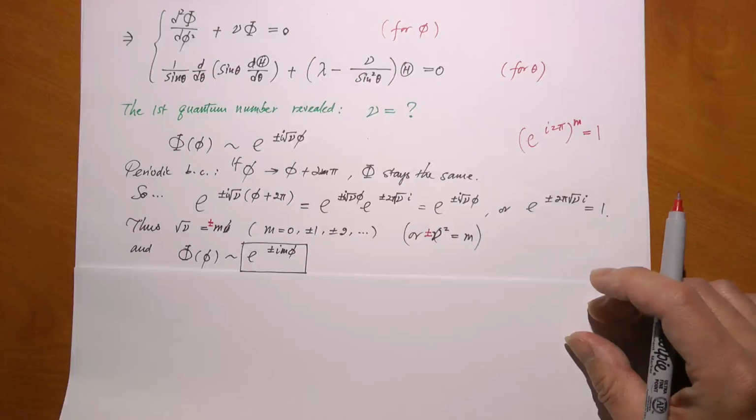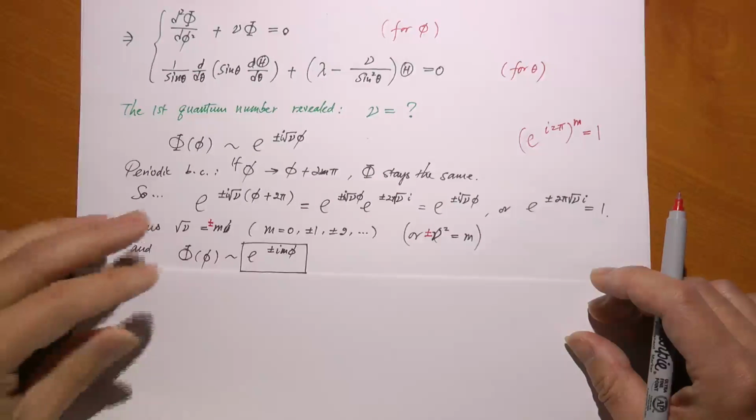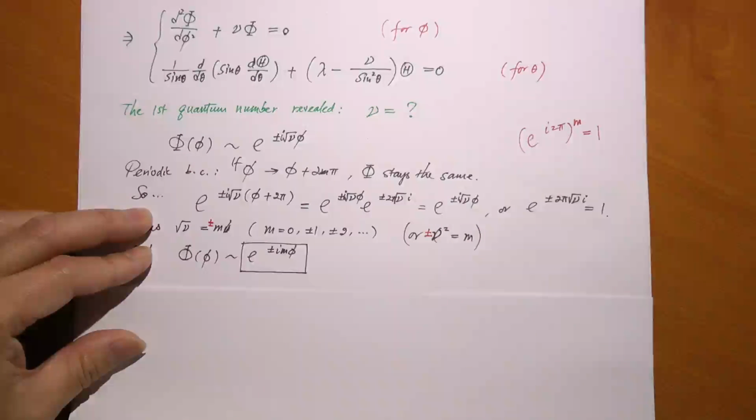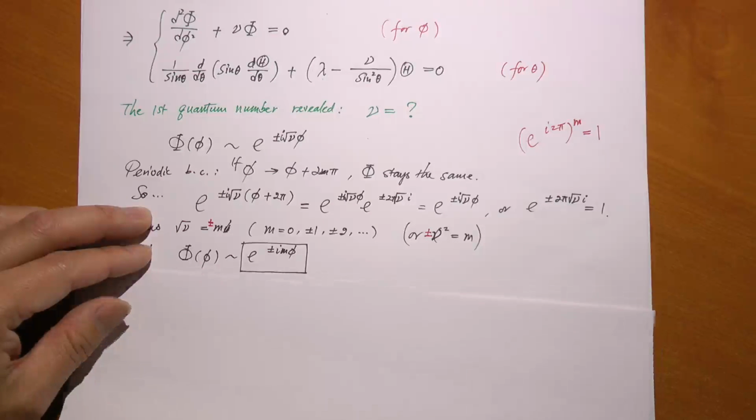That was how we obtained quantization for a bound state in one dimension in the previous chapter, remember? And here we have to satisfy also the boundary condition, except this boundary condition is the so-called periodic boundary condition for the angle phi. So here's our first glimpse into quantization of a three-dimensional case.